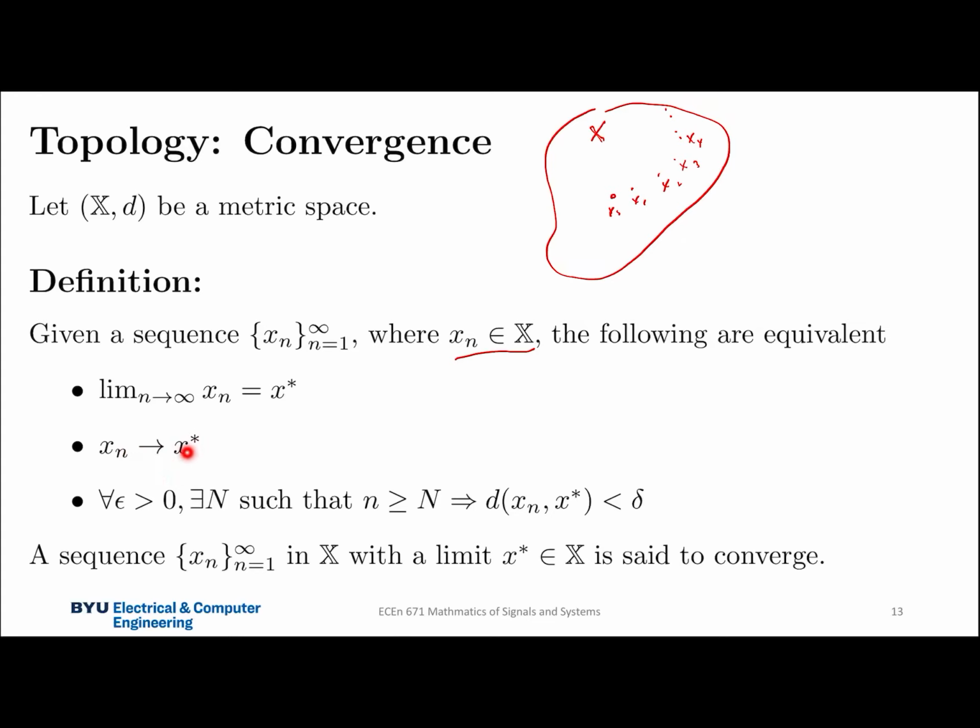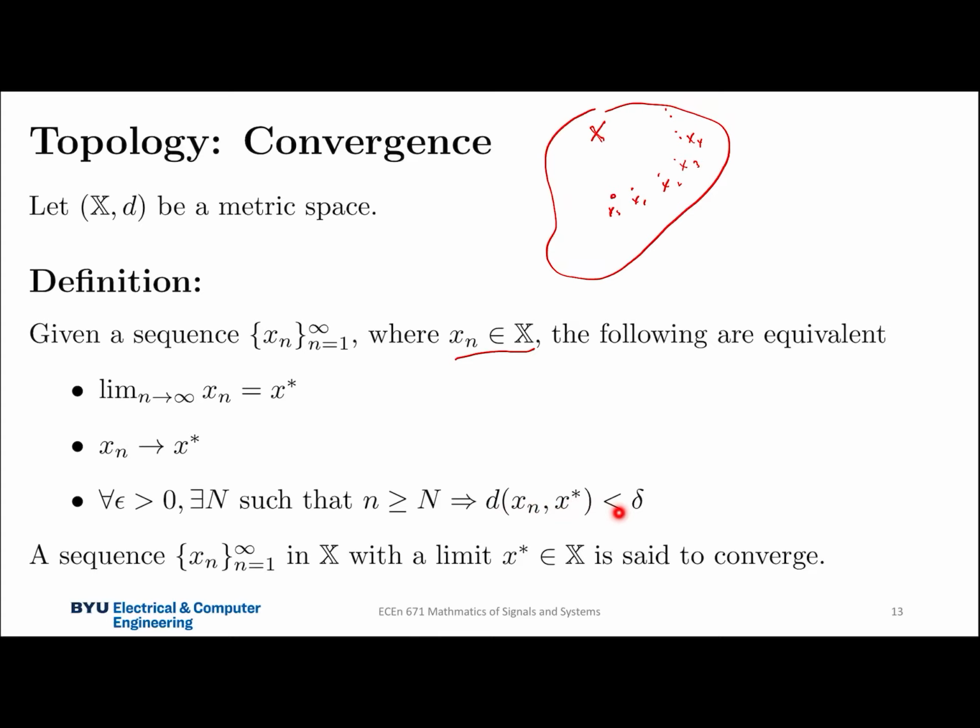And what do these things mean? It means that for every epsilon greater than 0, there exists some number capital N such that when little n is bigger than capital N, the distance between x_n and x star is less than epsilon.